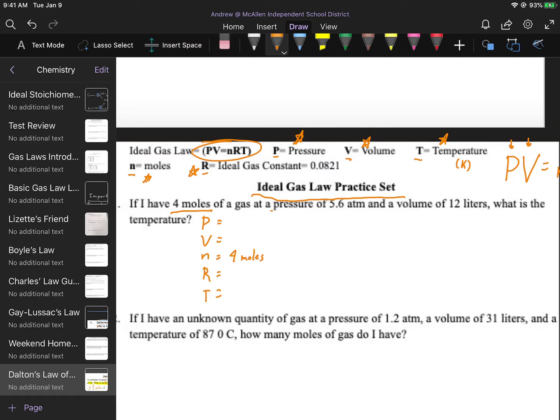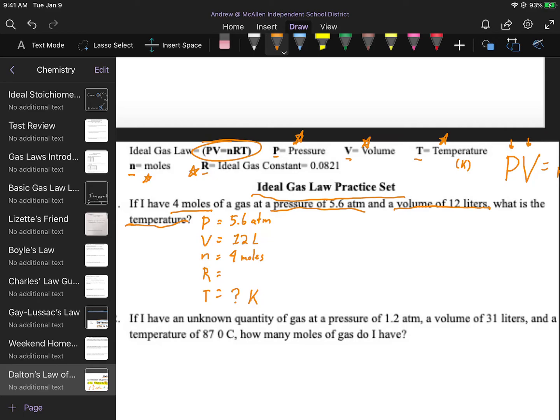At a pressure of 5.6 atmospheres, and a volume of 12 liters. What is the temperature? So temperature is unknown. We do know that it needs to be in Kelvin, though.